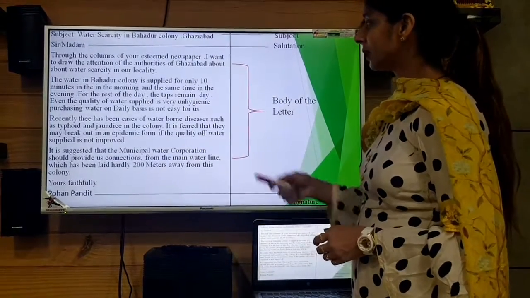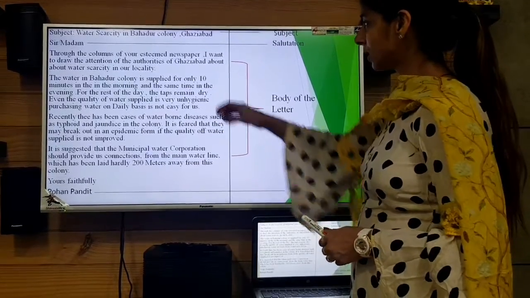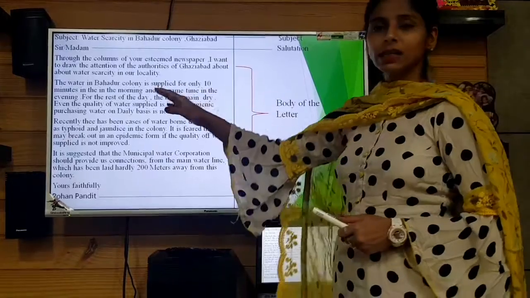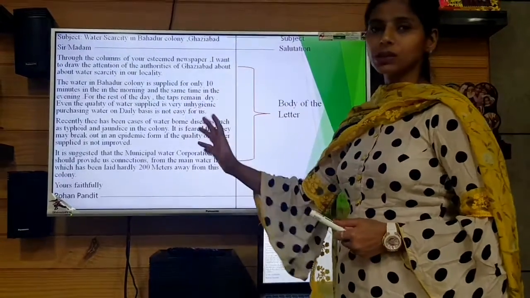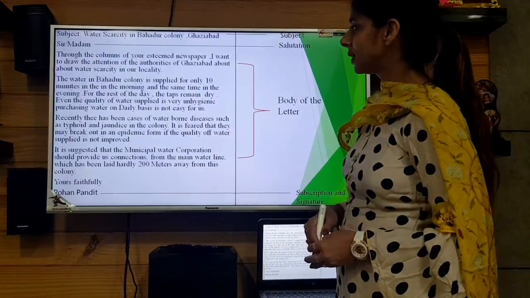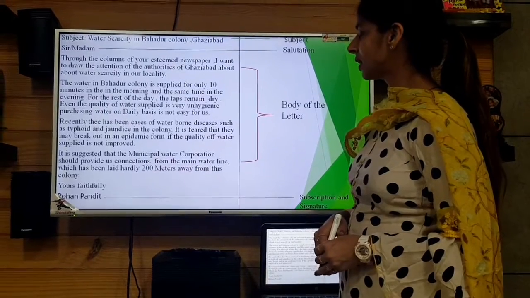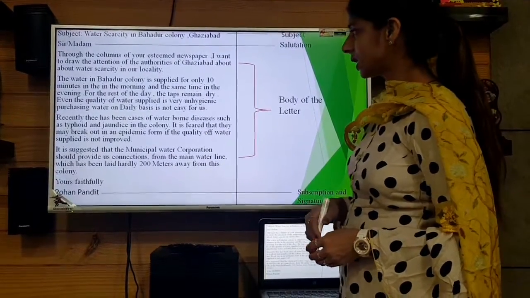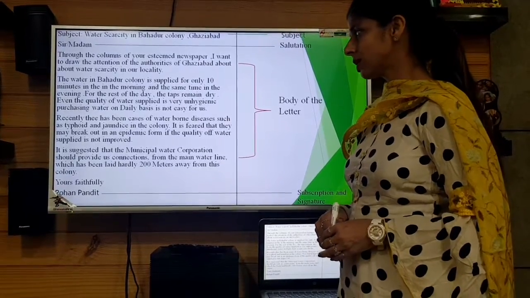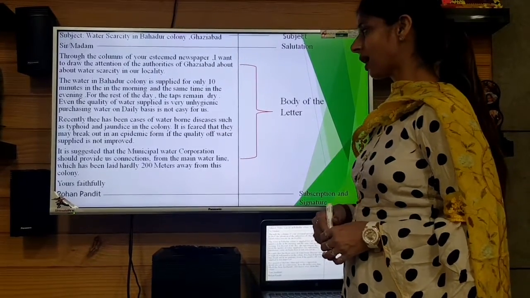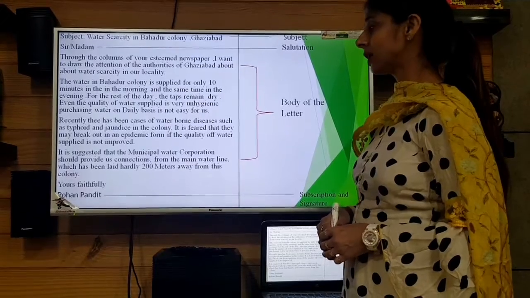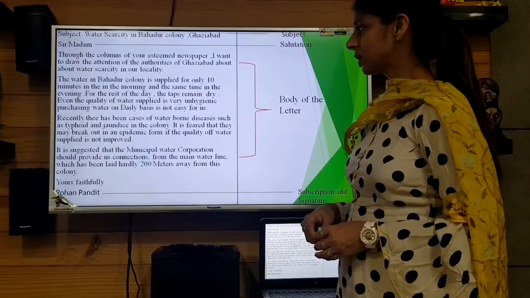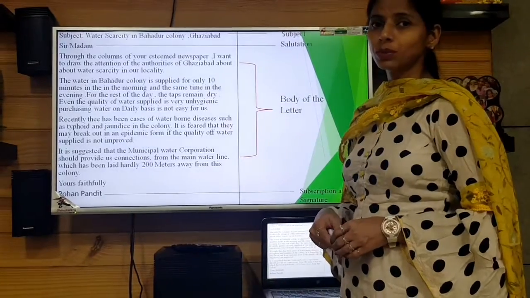And then next, it was an informative paragraph, isn't it? It's been told what is happening. Recently there have been cases of waterborne diseases such as typhoid and jaundice in the colony. It is feared that they may break out in an epidemic form if the quality of water supplied is not improved.